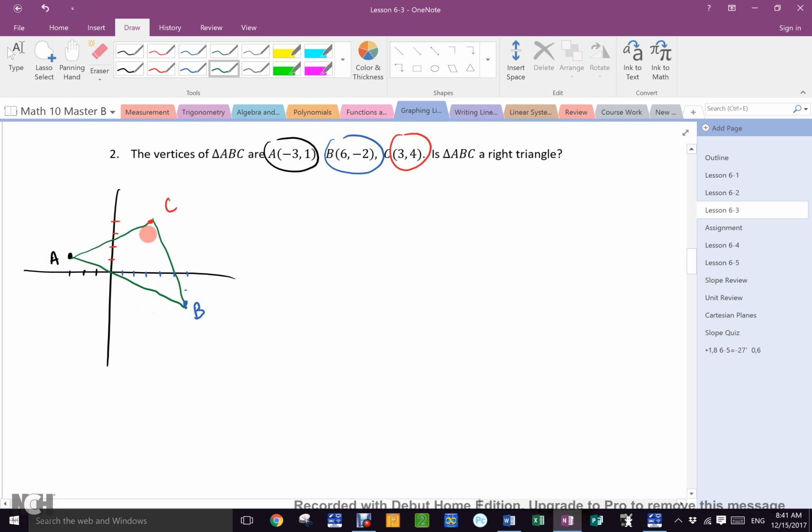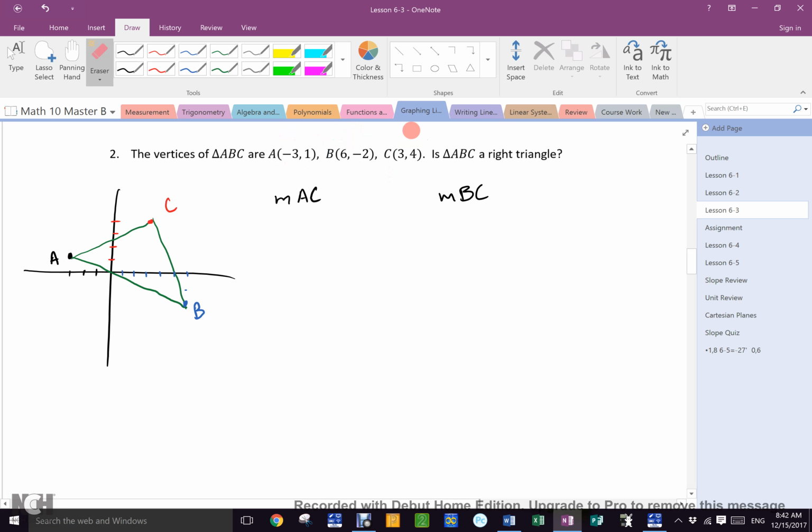It's right there, yes? So, do I need to care about this slope and this slope? No. Do I need to care about this slope and this slope? No. I only need to check the slope of AC and the slope of which other one? BC. Right?